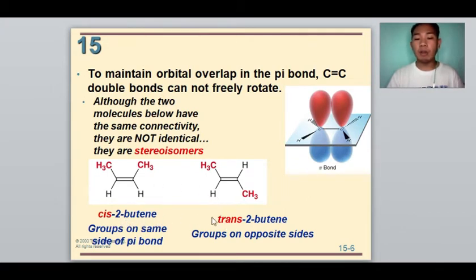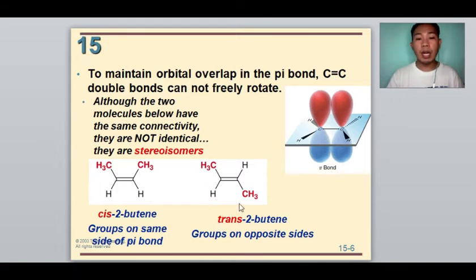This is a butene, an alkene. Notice that the two CH3 groups here are located on the same side of the pi bond, while this one is on opposite sides.